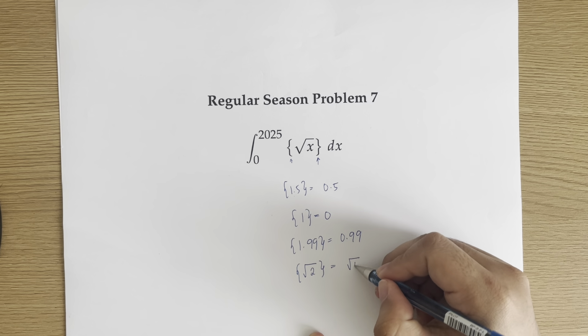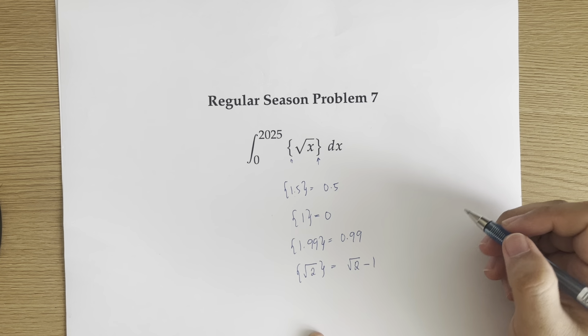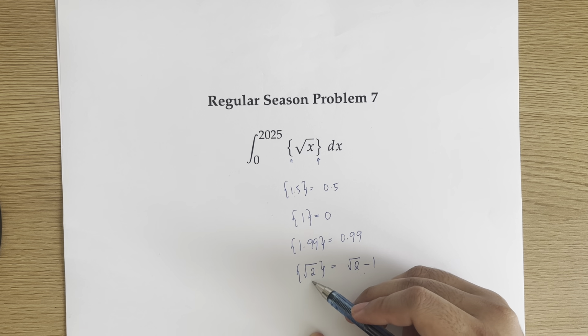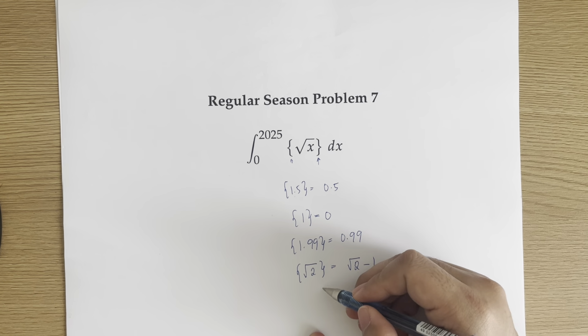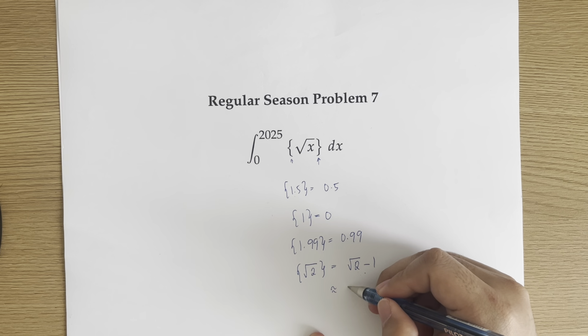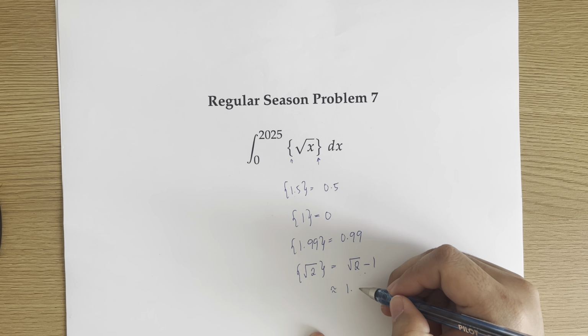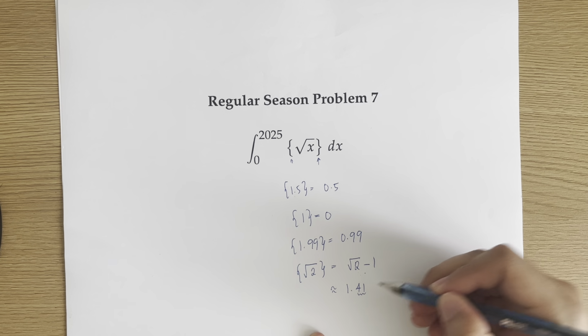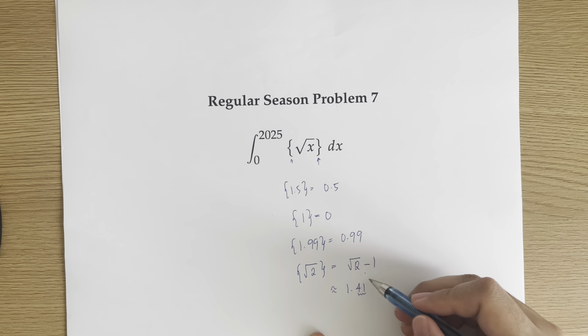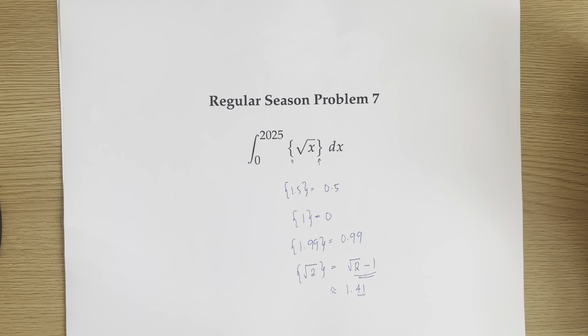So in this case, it's square root of 2 minus 1. So this is the fractional part of square root of 2. You get it? Because if you approximate that, if I remember it correctly, it's something like 1.41. So the fractional part of that is this 0.41 right here, which in exact value is equal to square root of 2 minus 1.